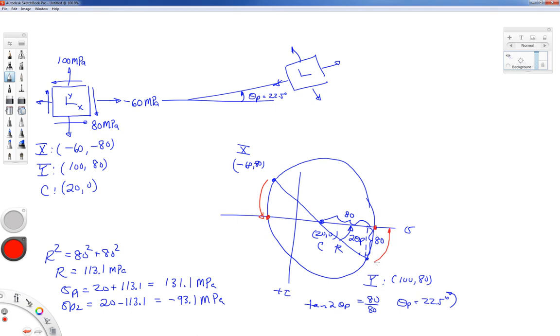Okay, now notice this y point is going to the position of sigma p1. So that means up here, the stress that used to be 100 megapascals, used to be sigma y, now is becoming sigma p1, 131.1 megapascals. At the exact same time, the stress that used to be sigma x, minus 60, travels to this position, which is minus 93.1.